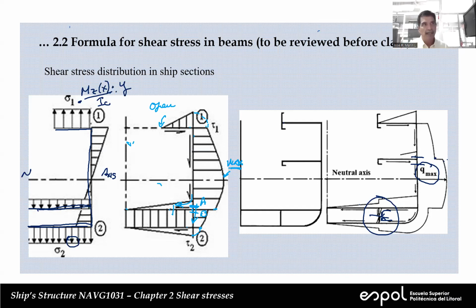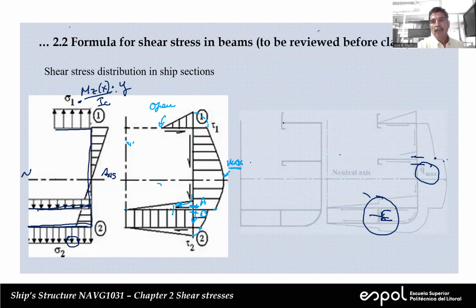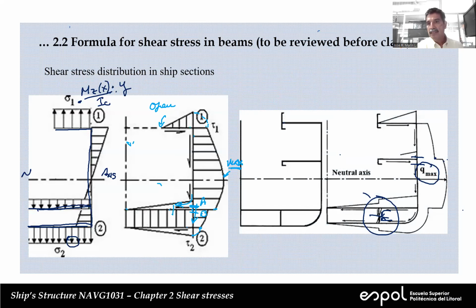We have this jump in the bottom here, and then we go straight to the center line. You can see the relations of this. Let me go to this case. It's like having one intermediate deck, and this is the jump that you have. In this case, the flow is pointing downward.